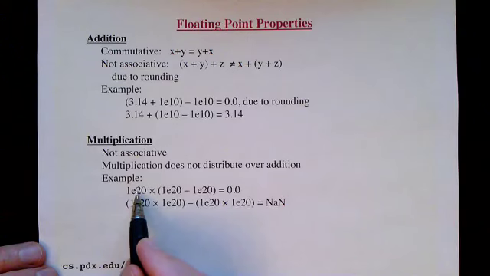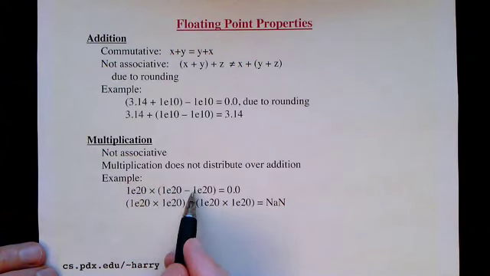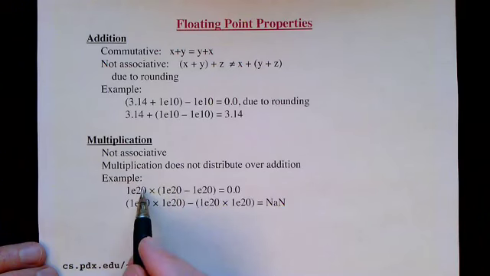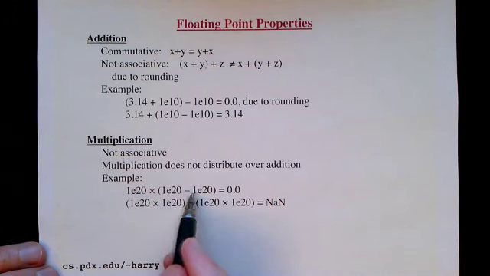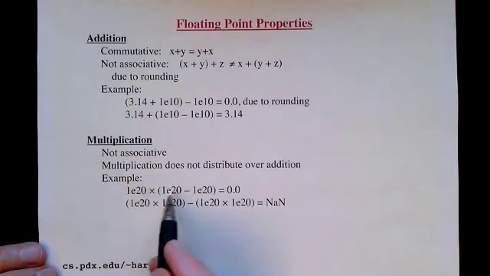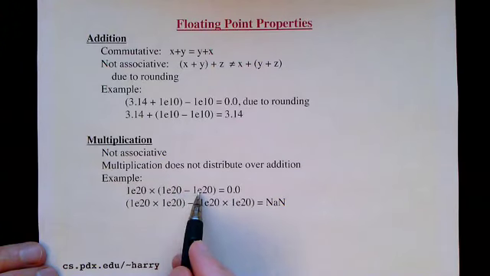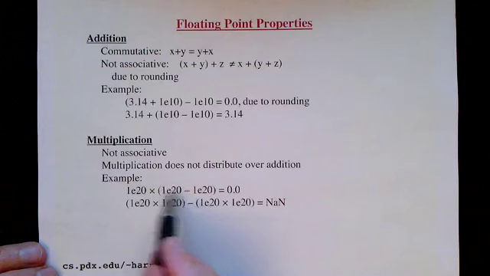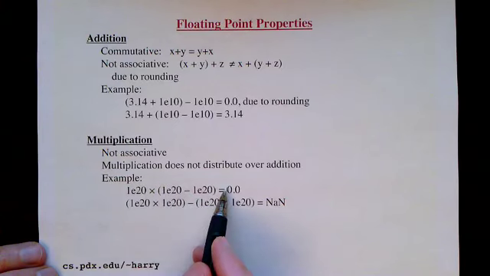Here we have one number times this minus this. It should equal this number times this minus this number times that. Here we subtract these two numbers and we get 0. We multiply by this and we get 0.